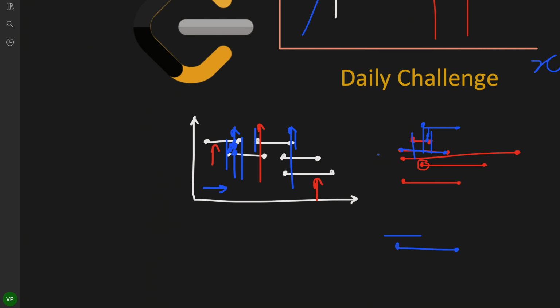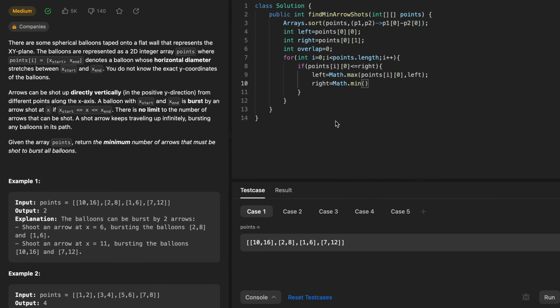Max because left should be max. If this is a previous point and this is a new point, this should be the max, and similarly for right it should be min. For min, points[i][0], right.